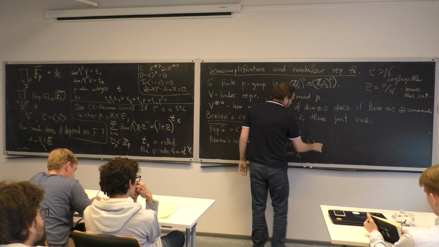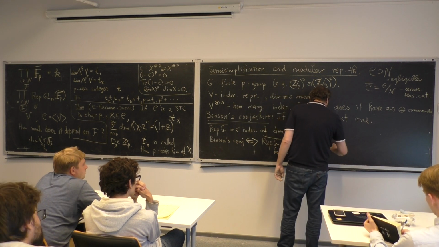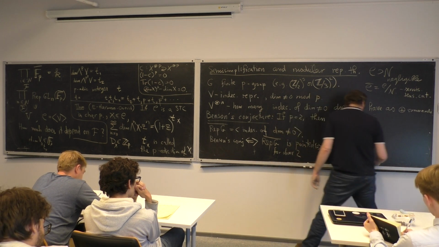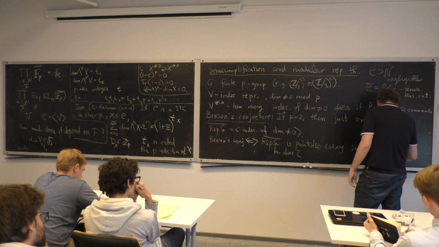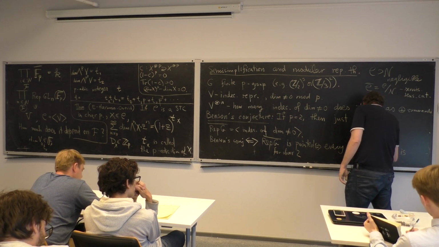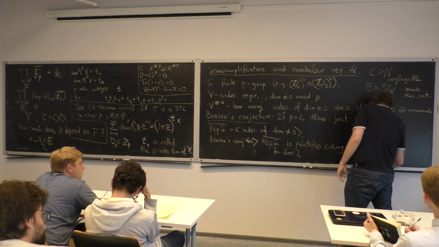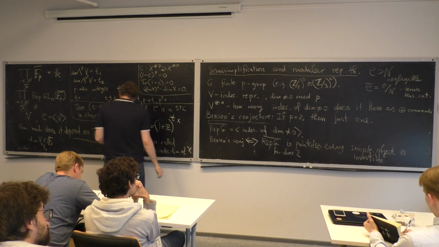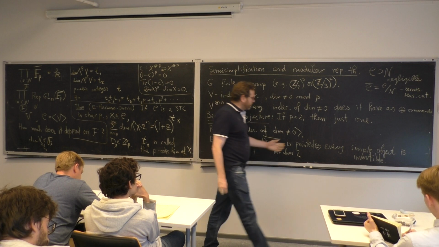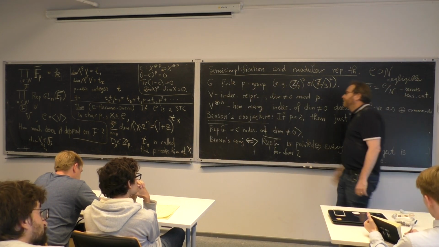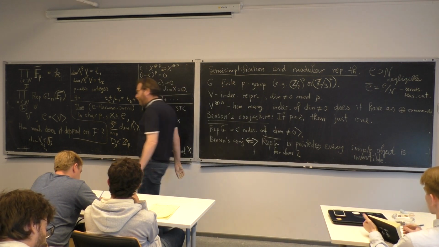So every simple object is invertible. Let's see how close we can get to proving this by using this theory that I was talking about yesterday.